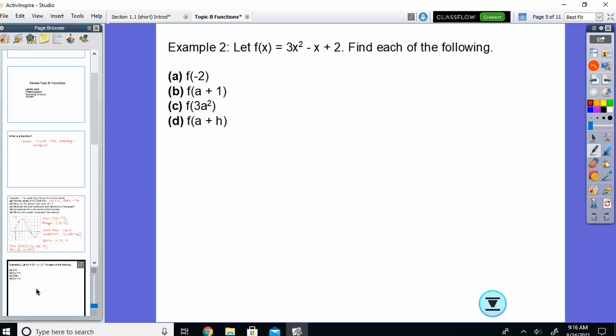Let's look at this one. So I'm going to give you a function and ask you some questions about it. All right, if I want f of -2, what do we need to do?